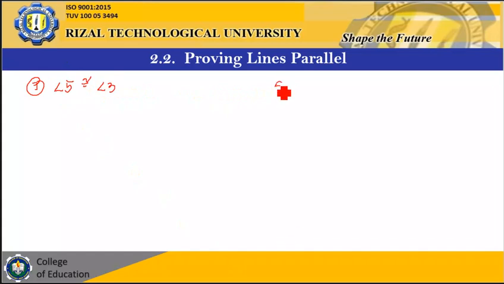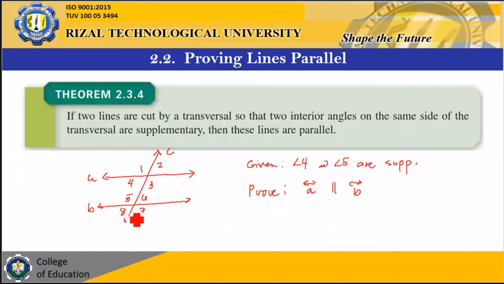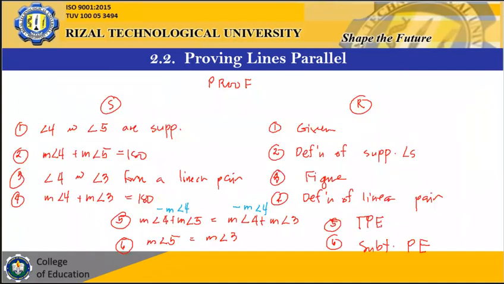Okay, and the reason is the definition of congruent angles, and therefore we can conclude that angle 5 and angle 3 are alternate interior angles.